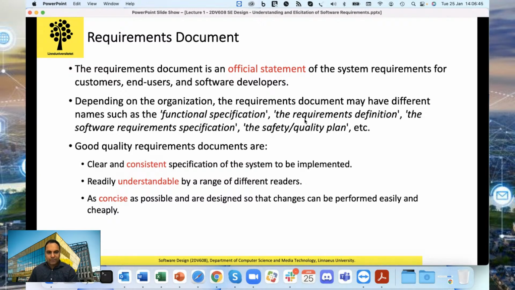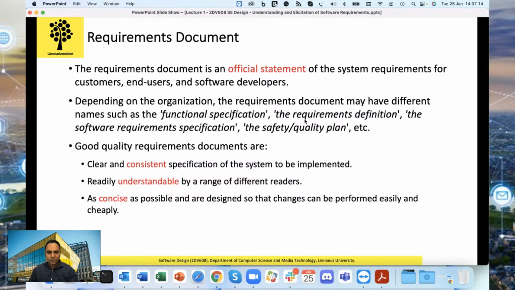A good requirements document is clear and consistent. That means it's easy to read and understand, not only by the system developers or testers, but by a range of different readers. That means all the stakeholders. Any stakeholder who is part of your system should read this document and understand your requirements.